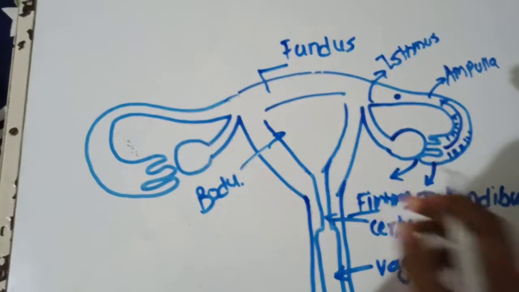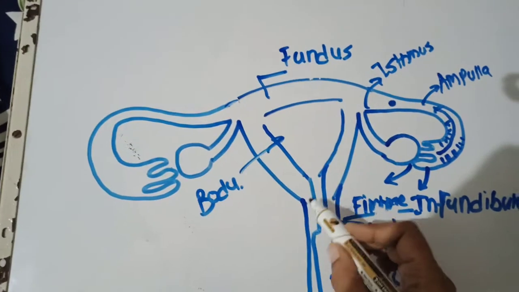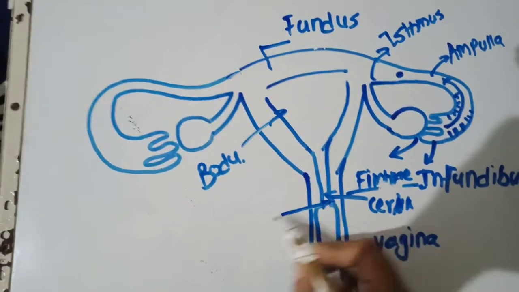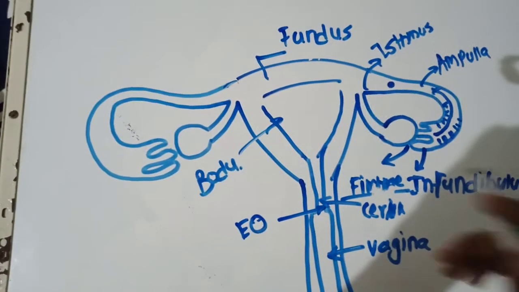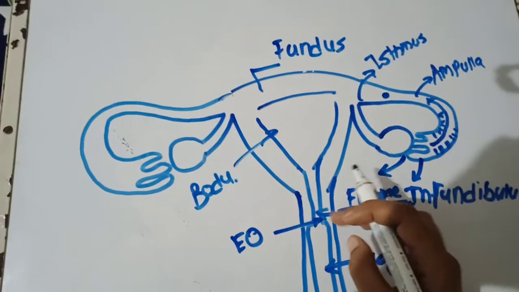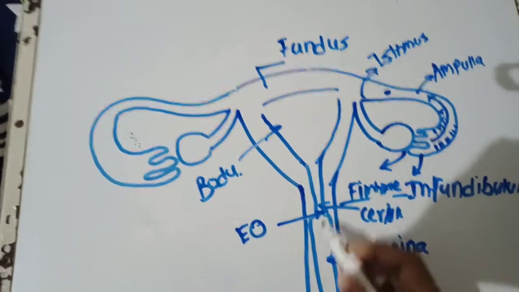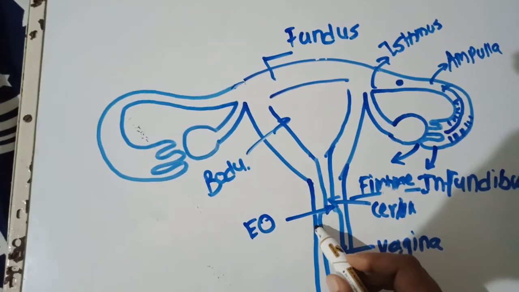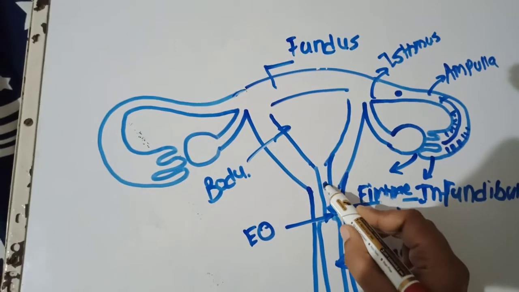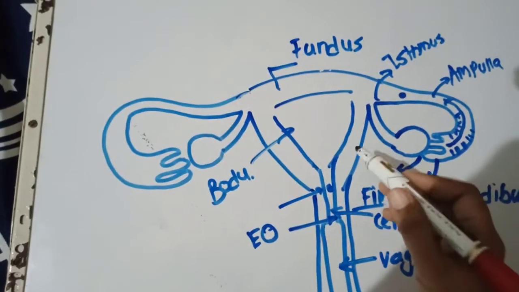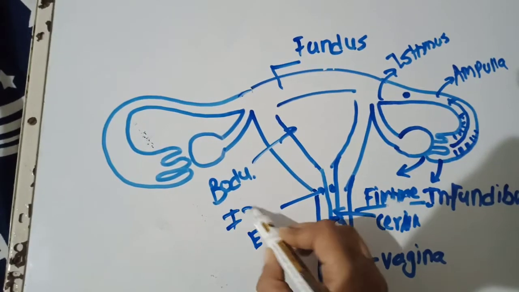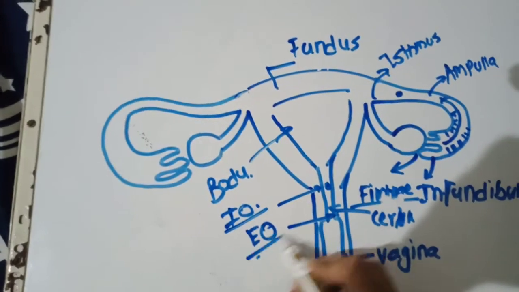The cervix is also divided into 2 parts. The opening that leads towards the vagina is called the external orifice. And the part of the cervix that projects towards the uterus is called the internal orifice, IO and EO.